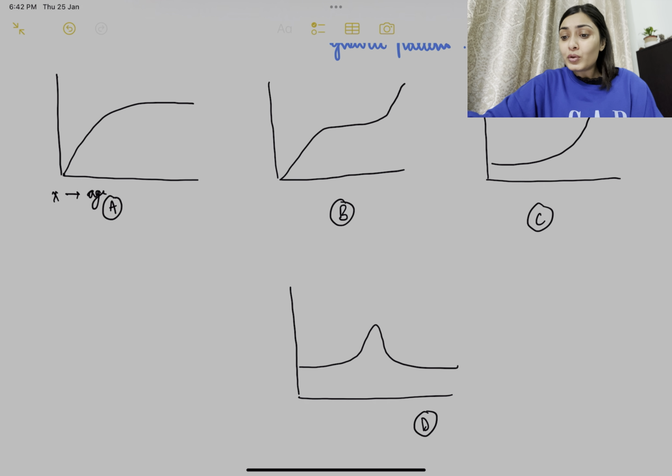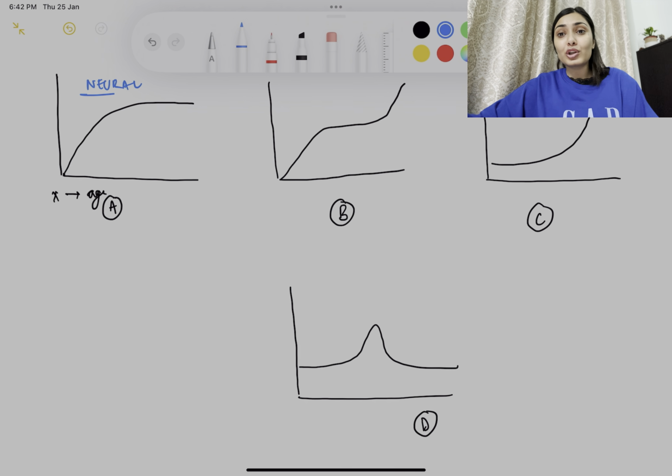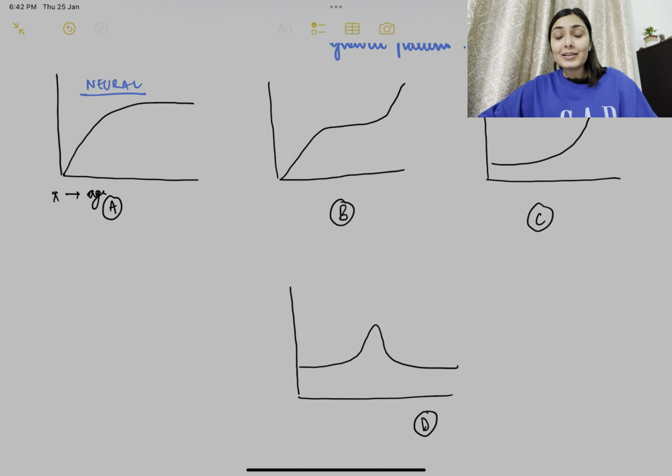Maximum growth is going to happen in the initial years. It is said that our brain size, our head size, is actually 65% of the adult size at birth, and at the end of 2 years it reaches approximately 90% of the adult size. So you can see how rapidly our brain and head develop.